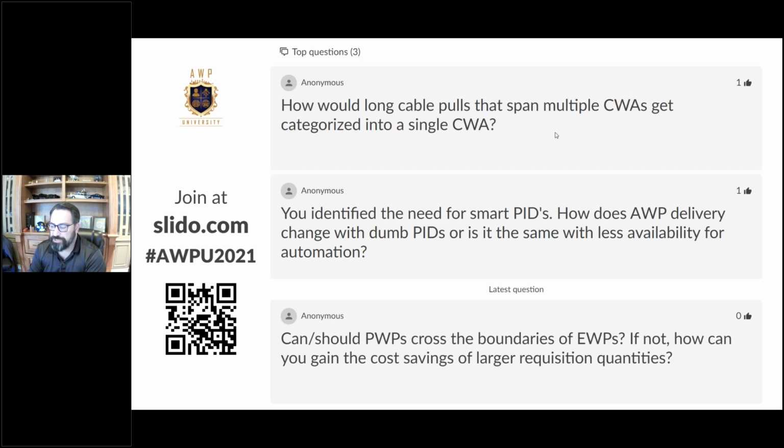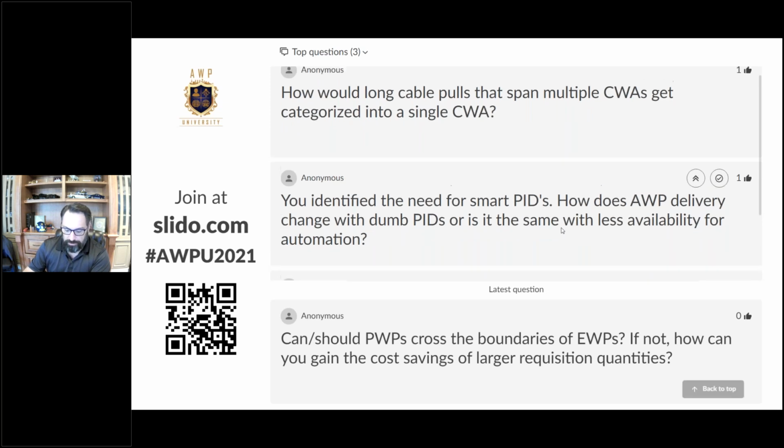Often we will put instrumentation and meters in separate CWAs that align more with the CWPs, the more standard CWAs, where we'll also have special CWAs that incorporate such things as the underground duct banks, above-ground cable pulls and cable tray, those types of things. Hopefully I didn't confuse that too much, but it's a very good question. And when we start talking about cable pulls that would span typically more CWAs, we will encompass that into an E&I cable CWA, if you will, or however you choose to nomenclature or call it.